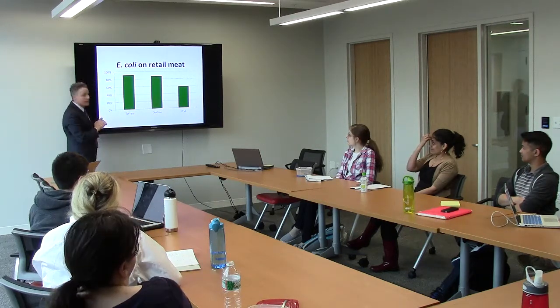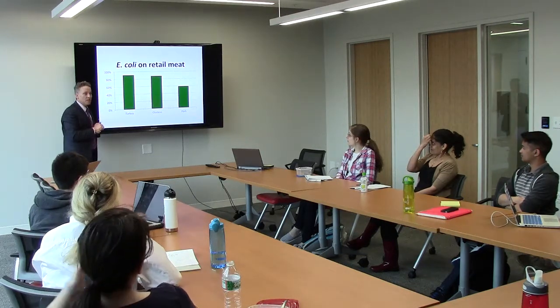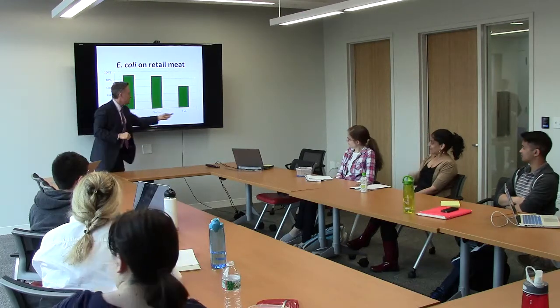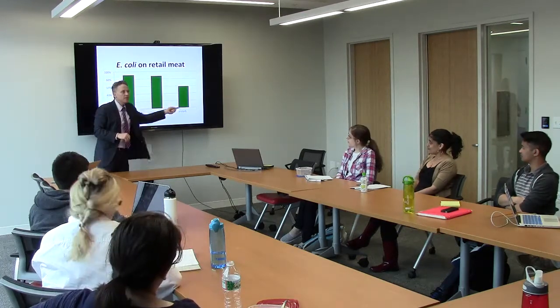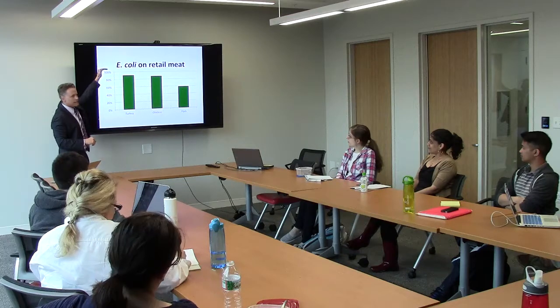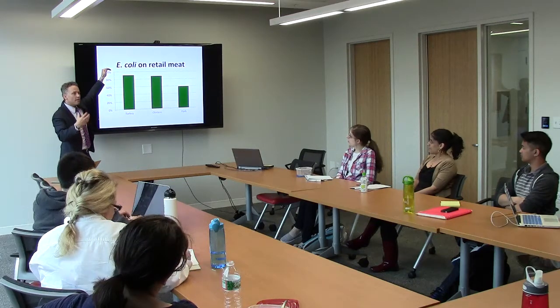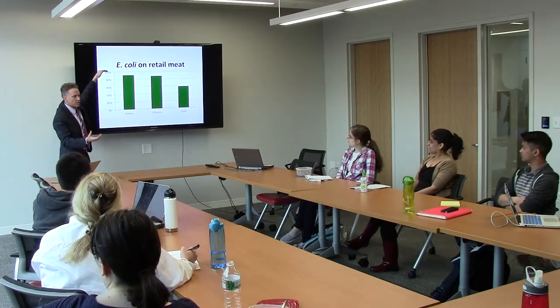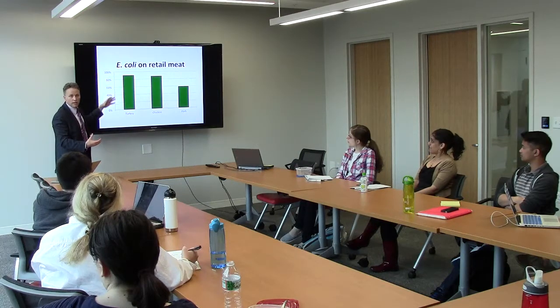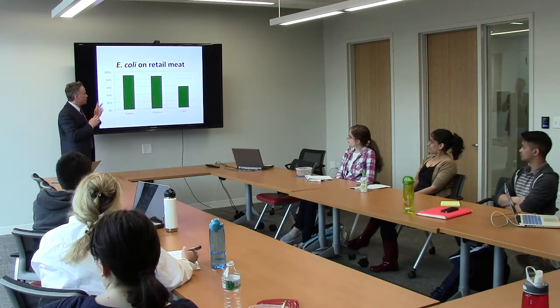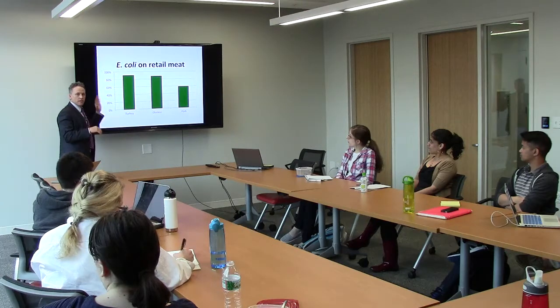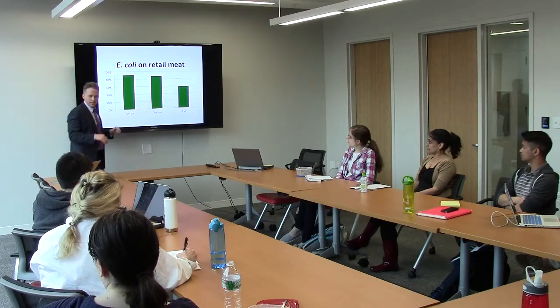So this is my friend, E. coli and retail meat, and on the x-axis we have the different meat types that we tested, and on the y-axis we have the percent of products that were contaminated with E. coli. So make sure, if you put up this chart, that you explain what that chart is.